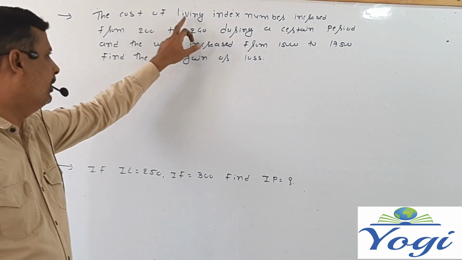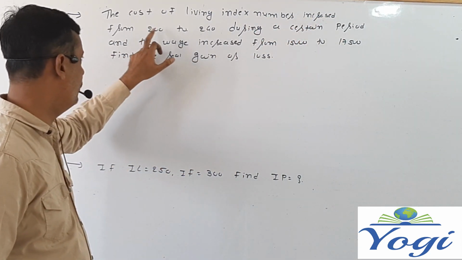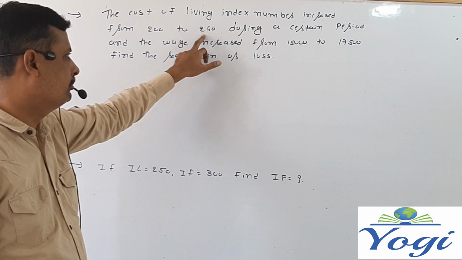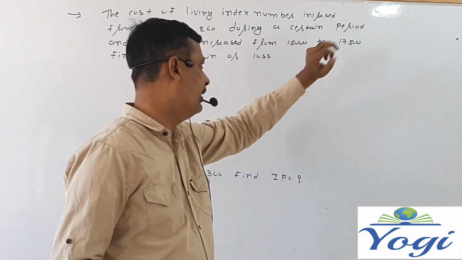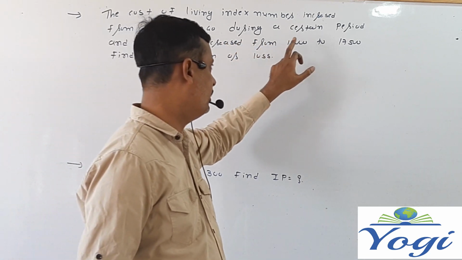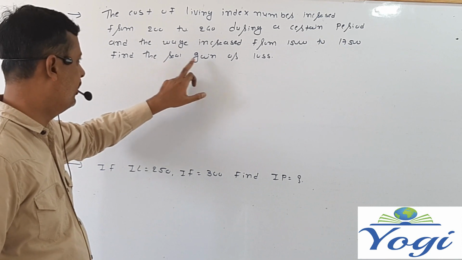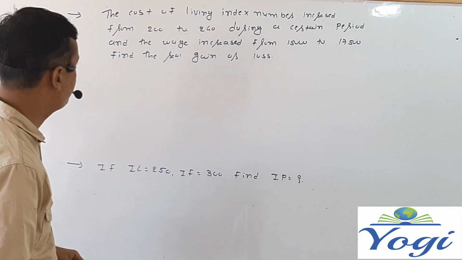Here, the cost of living index number increased from 200 to 240 during a certain period, and the wage increased from 15,000 to 17,500. Find the real gain or loss.